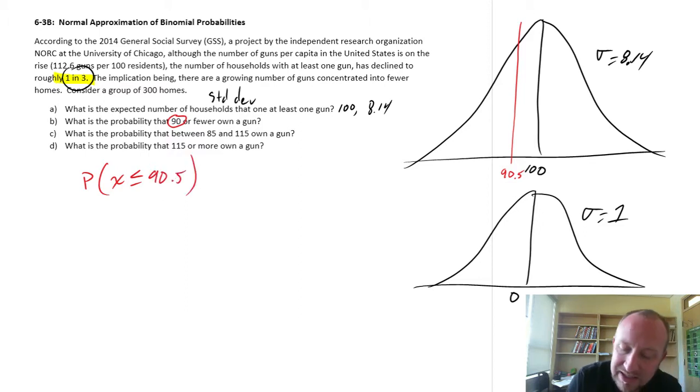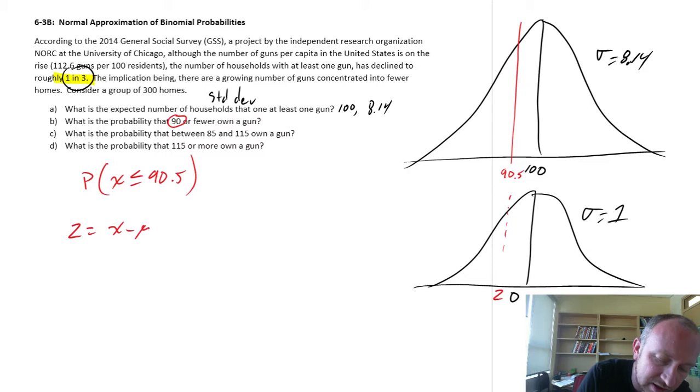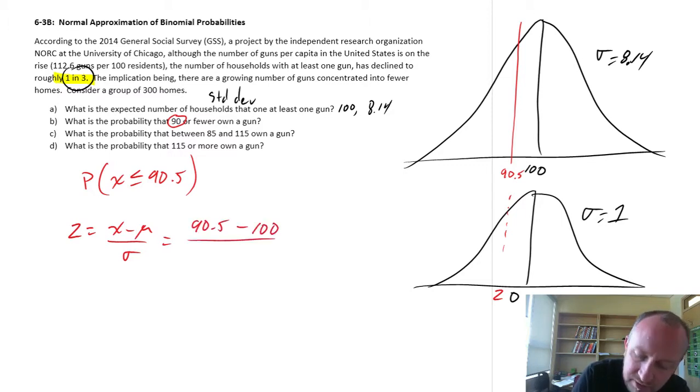We need to figure out the corresponding z value. This uses the same formula that we've been using in other videos on this topic. X, our value of interest, is 90.5. Mu is 100, and our standard deviation is 8.14.